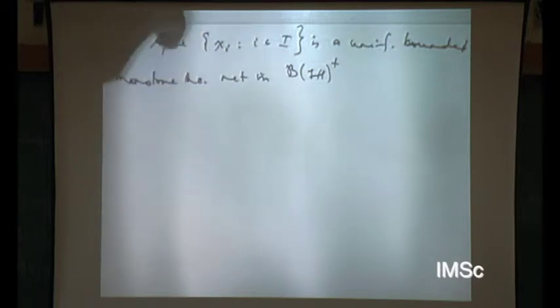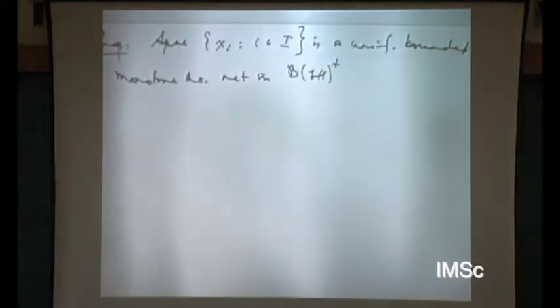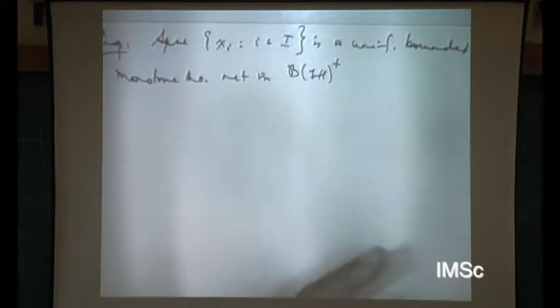When I say x_i is a net, that means this I is already a directed set. It is an ordered set. And to say that it is monotone is exactly like saying you have a monotone sequence: if i is smaller than j, then x_i must be smaller than x_j. Smaller than, so what is smaller than? I guess I should have said that, so let me scribble that down here.